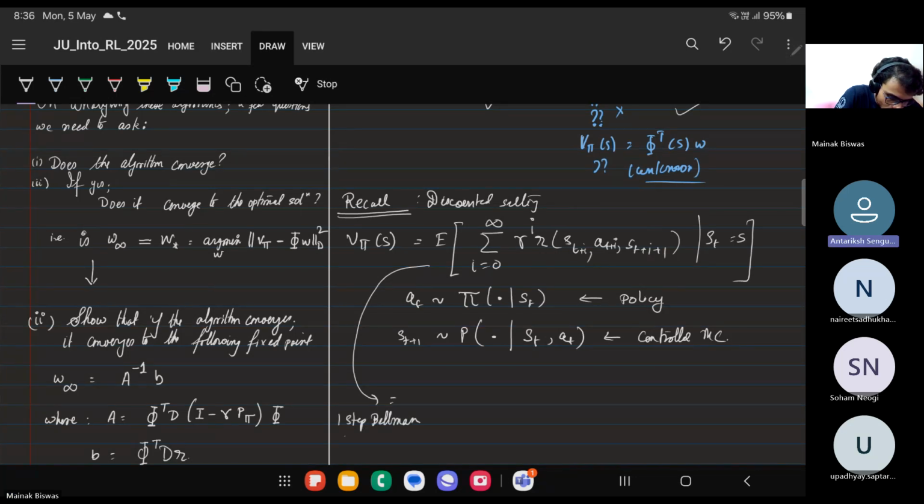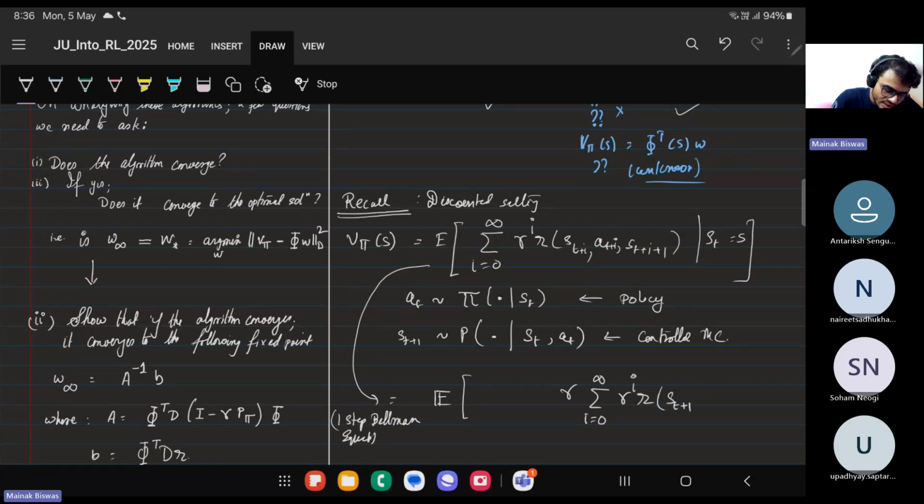Yes. So first of all, we divide the i equal to 0 and i equal to 1 to infinity terms. I equal to 1 to infinity, I put it from 0 to infinity again, and I put a gamma outside. Yeah. And I put a gamma to the power i, and st plus 1, you said, right? Starting from 1. Yes. At plus i plus 1, st plus i plus 2. Fine, I do that and I separate the tth term out, right? Do you agree? Yeah.